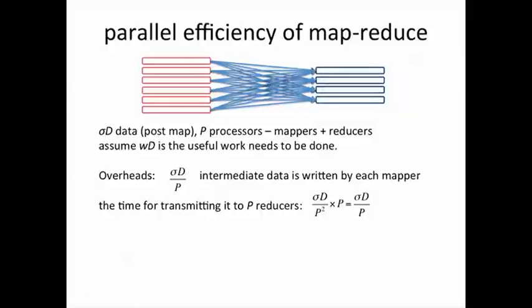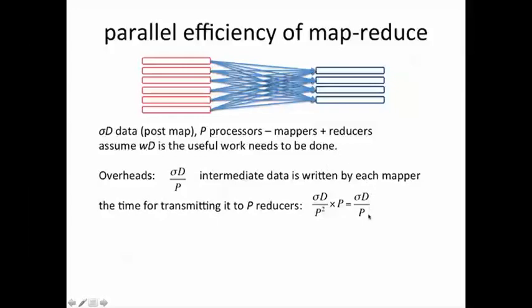Each reducer has to read sigma d over p squared, that is 1/pth of the data, from a particular mapper. Since there are p different reducers, 1/pth of the data in a mapper goes to each reducer. And it has to read p of these from p different mappers, once again getting us the communication time that a reducer spends getting the data it requires from the different mappers as sigma d over p.